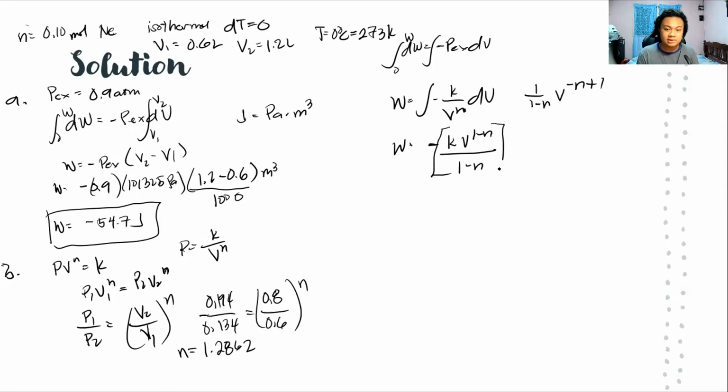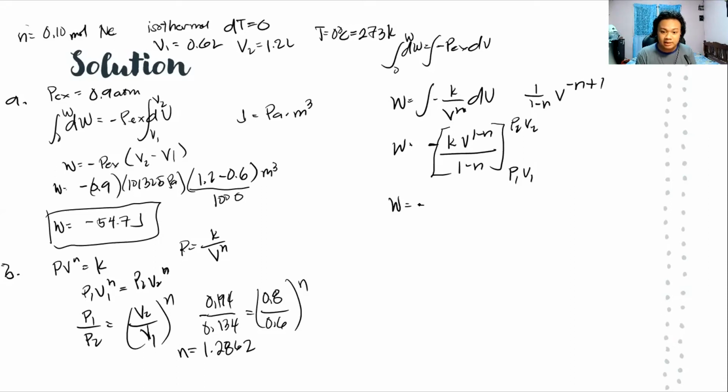Let's enclose that in brackets. Diba, there are two varying values here, which is the pressure and your volume. So let's evaluate them in both, P1 V1 and then P2 V2.